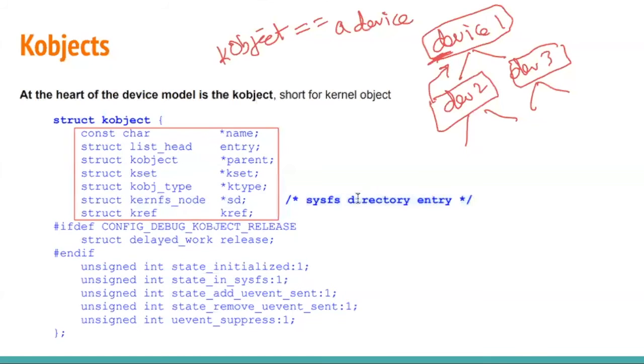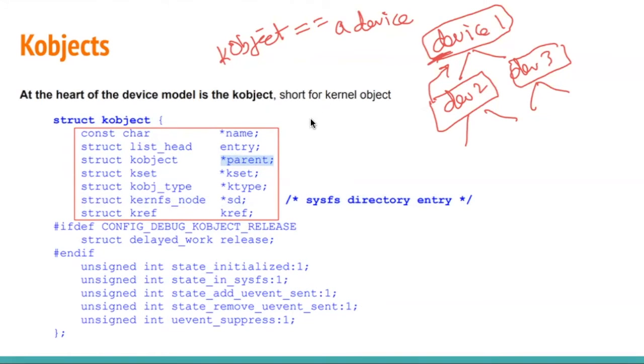The directory entry is a concept of a file system. This is the field that relates the kernel object and the file system. With the help of this field, we have a particular entry in a file system, and the parent field provides the hierarchical structure.